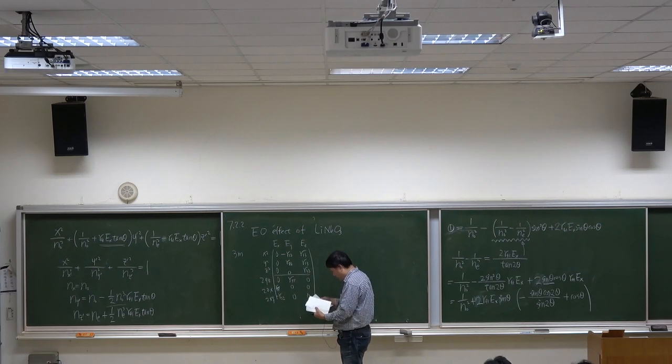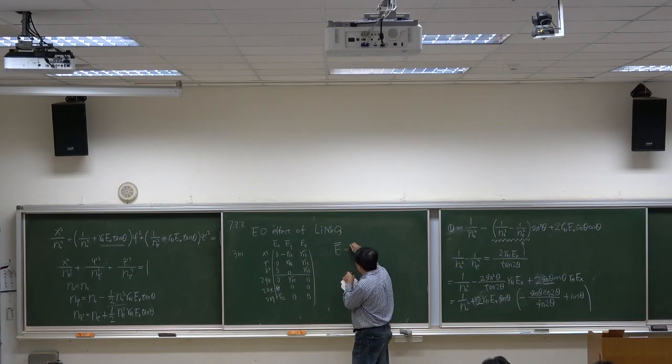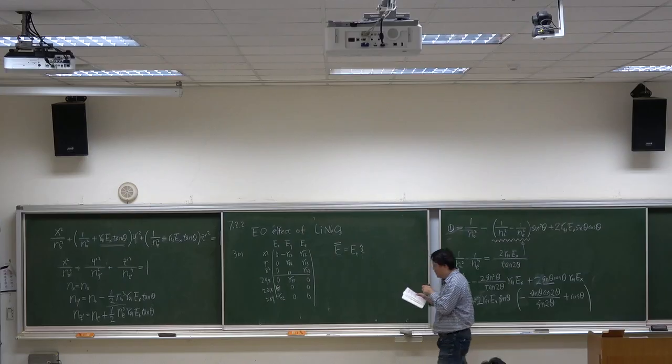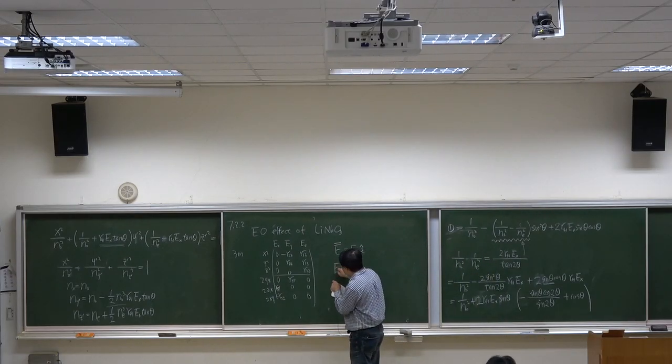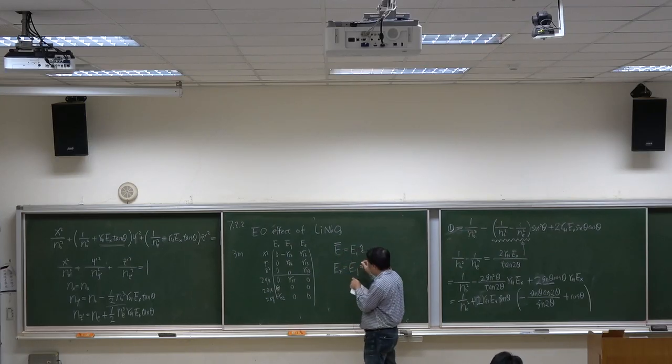So now we apply the electric field along the z-axis. We now choose E to be Ez times this, which means Ex, Ey are both equal to 0.